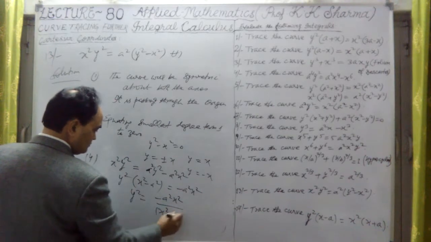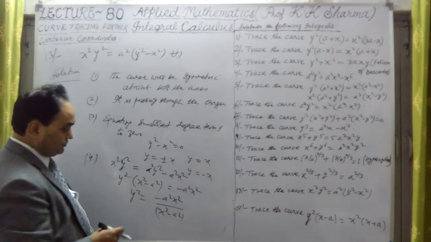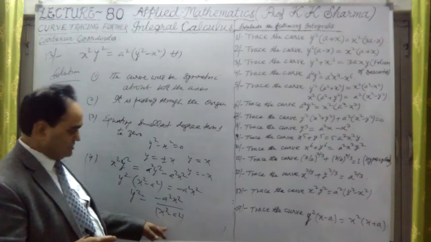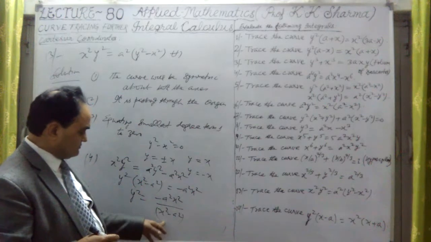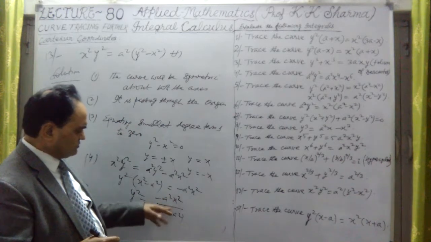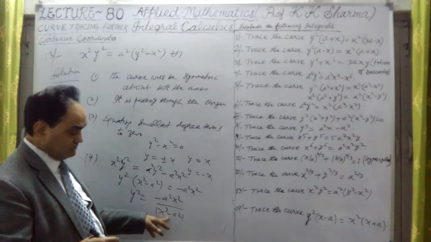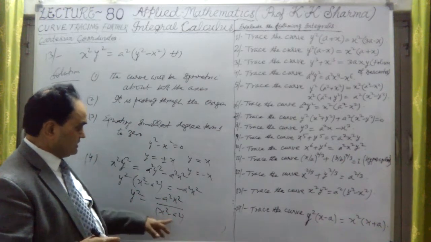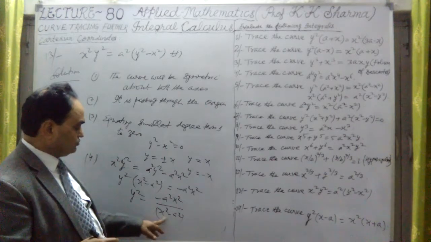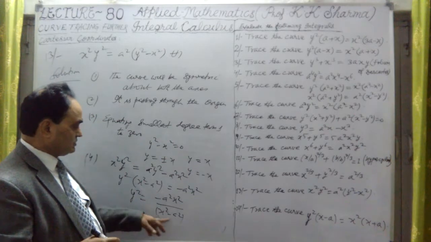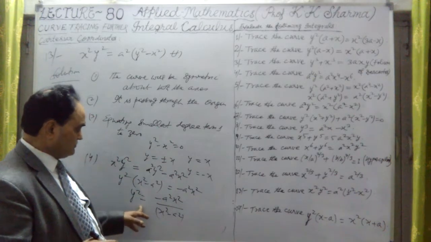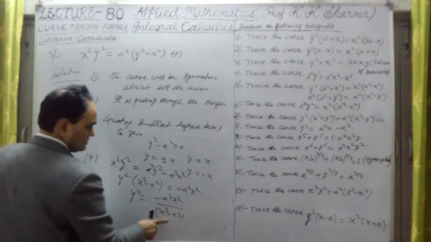So these are the two points here, x equal to plus or minus a. At x equal to plus a and minus a, y will be infinity, which means it cannot be equal to a.